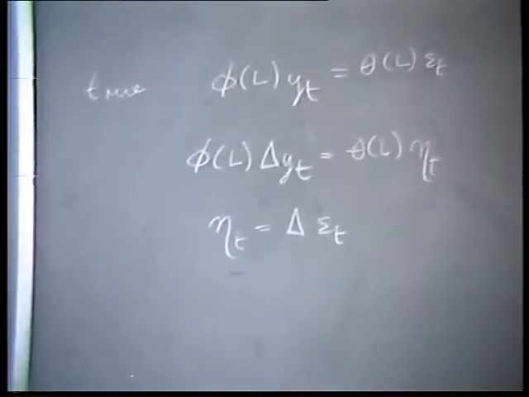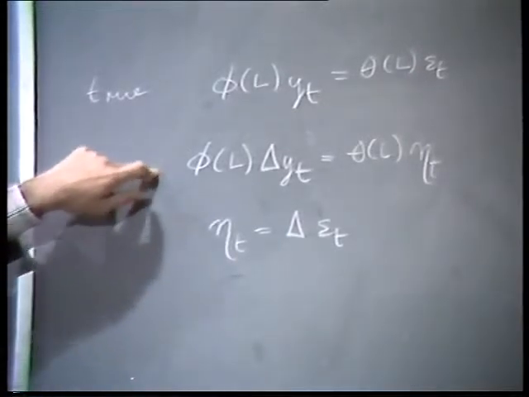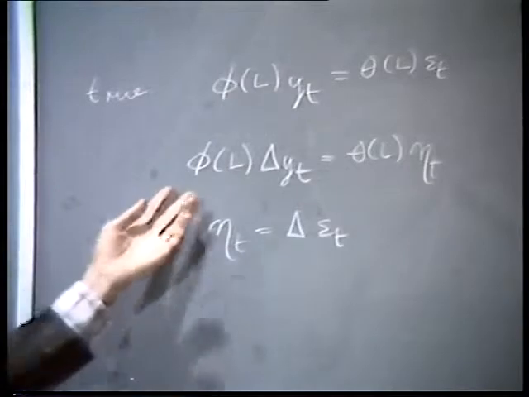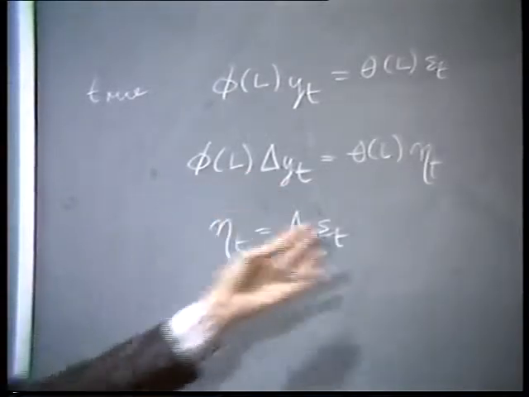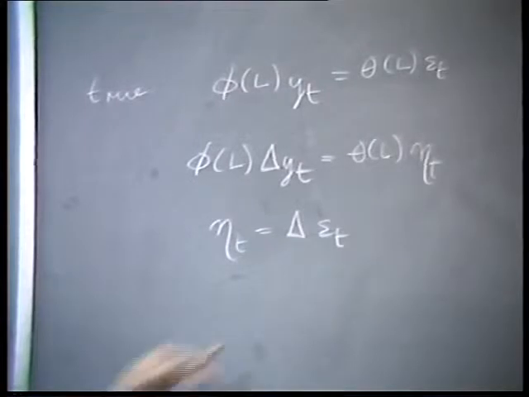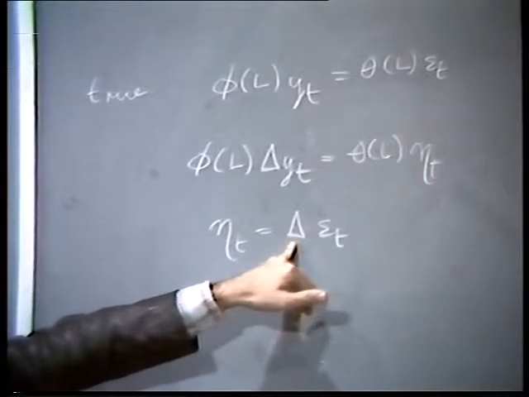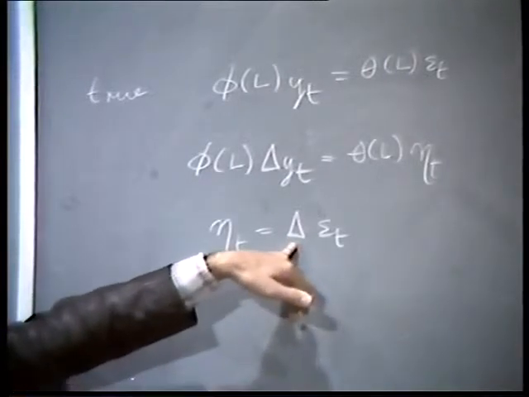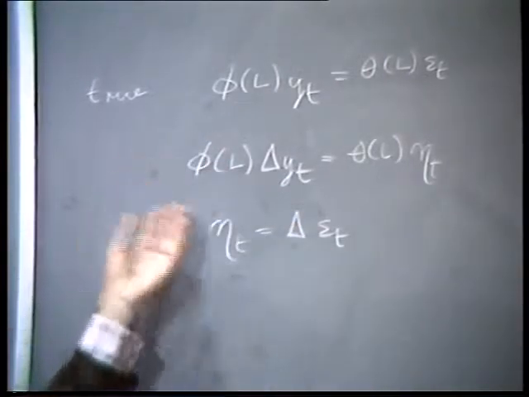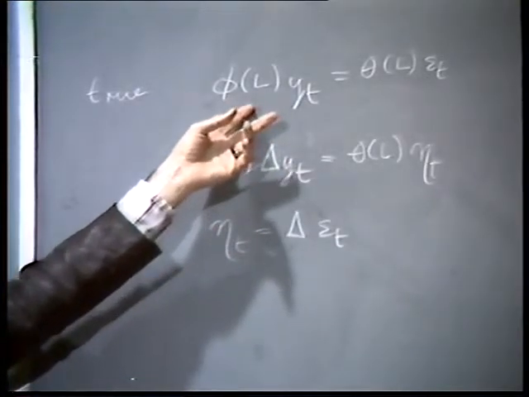Now, if in estimation of this model we were able to spot that the autoregressive part here and the moving average part of the representation on the right-hand side had this common root, or this common factor of 1 minus L, then there would be no problem. We would have spotted that redundant common factor and identify the true model.